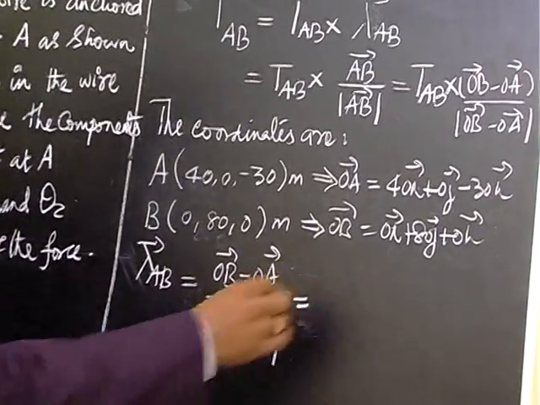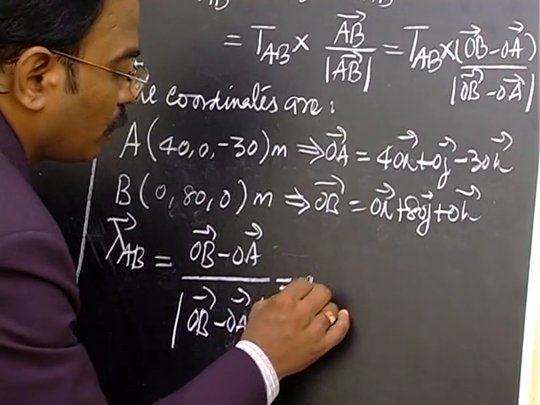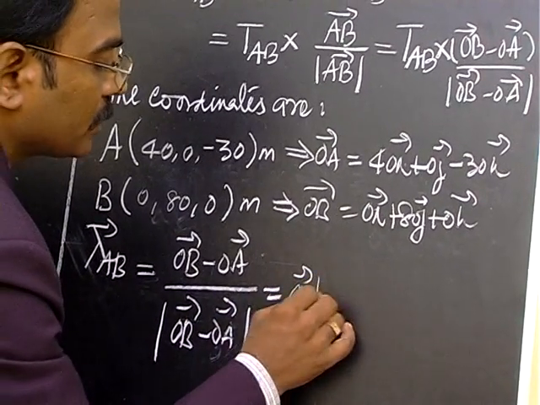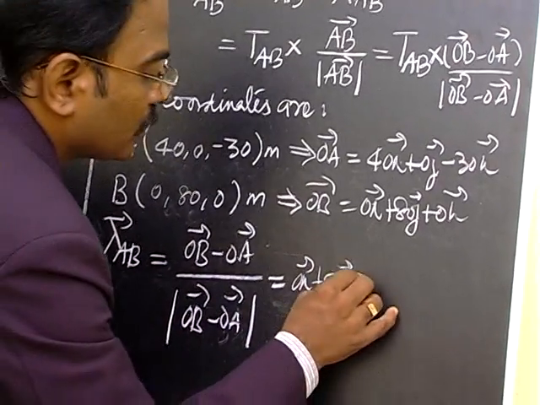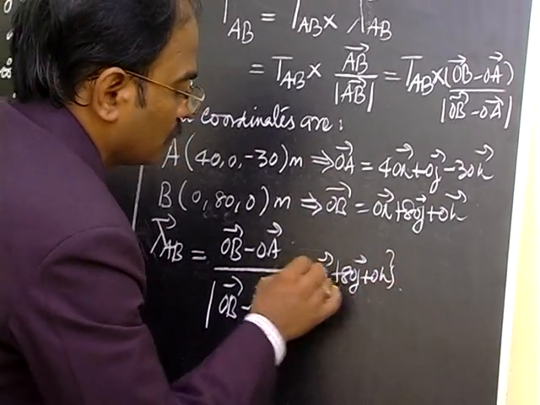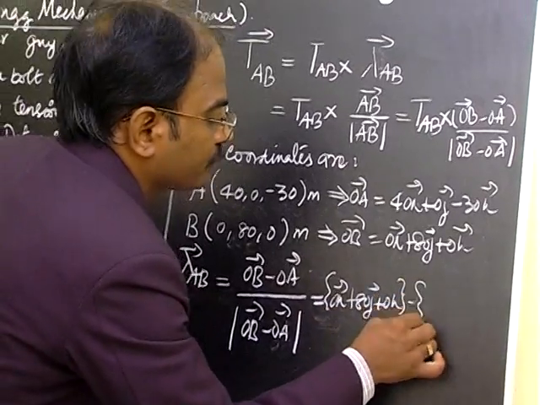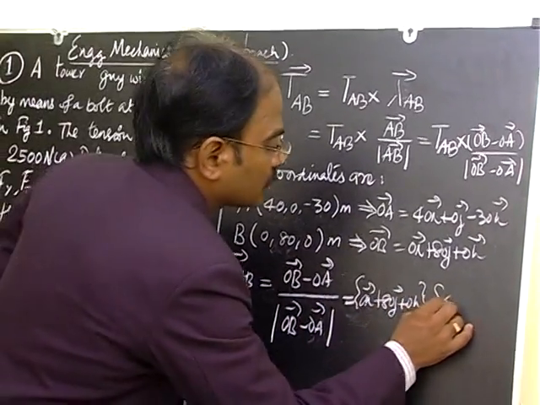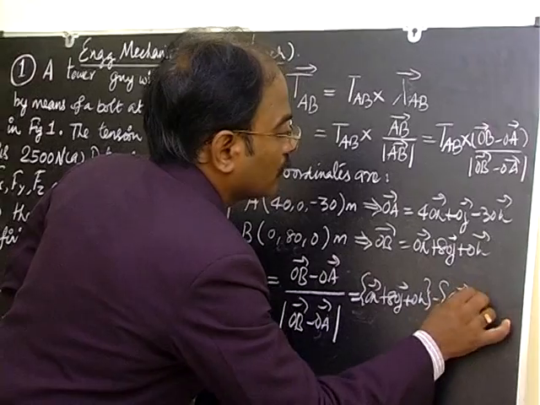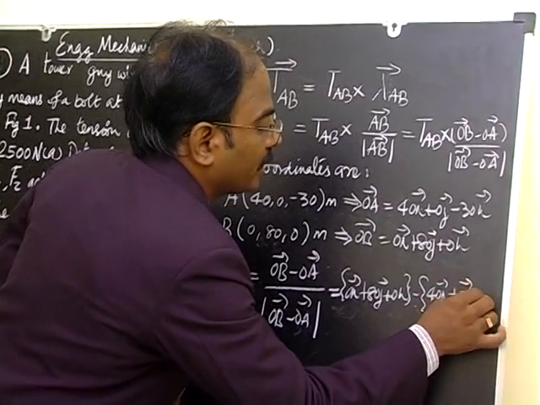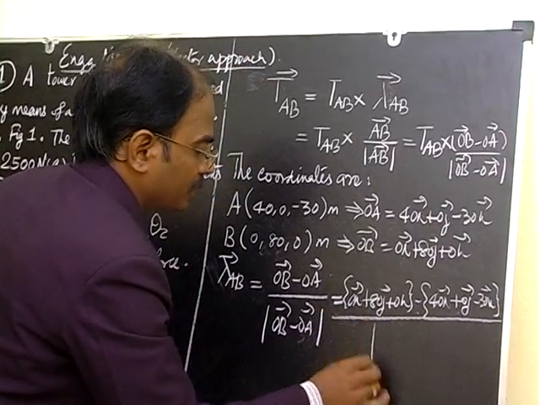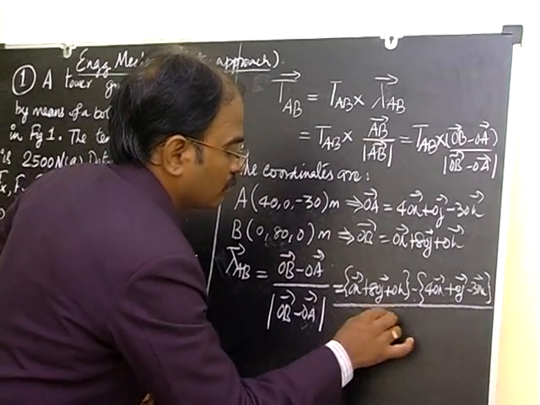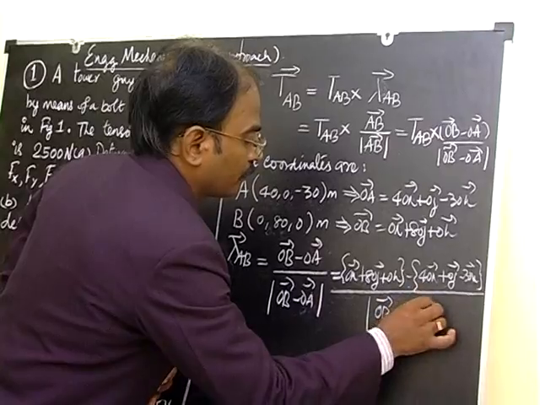So OB minus OA is 0i vector plus 80j vector plus 0k vector together, minus then OA vector, that is 40i plus 0j minus 30k, divided by this magnitude, OB vector minus OA vector.